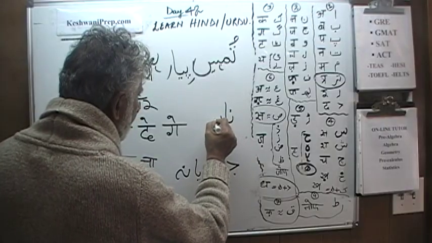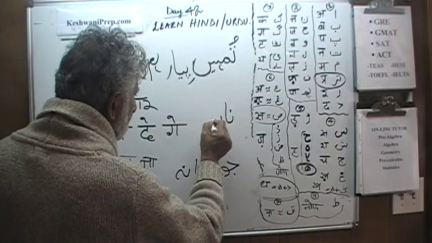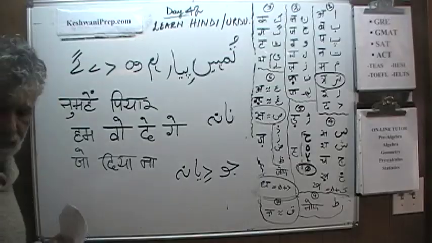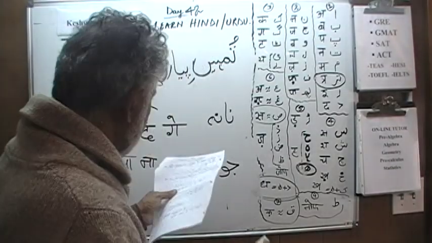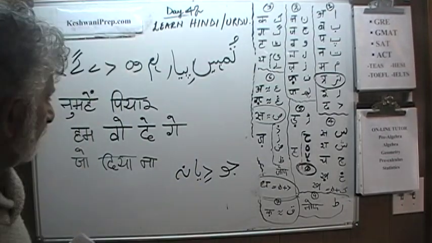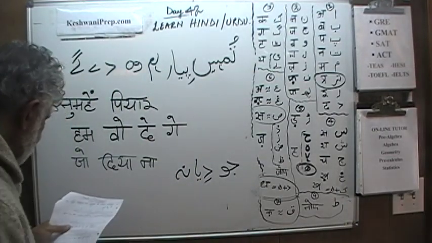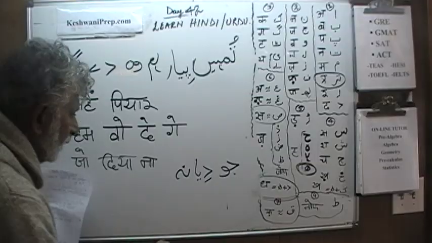We write a na, n with a h. That's how we write na, and it's just pronounced na with the a ki matra. But that's how we write it.